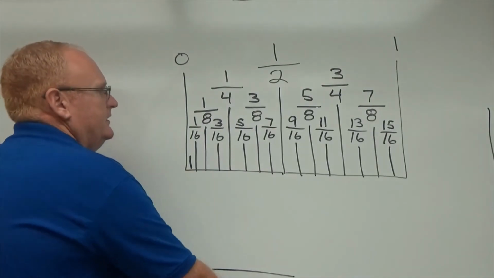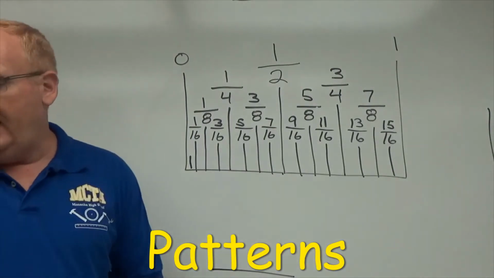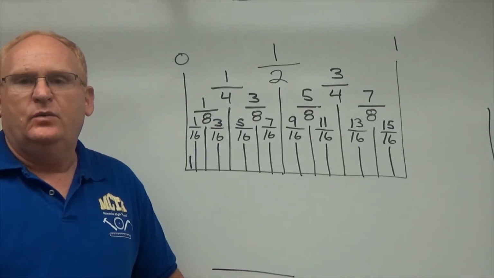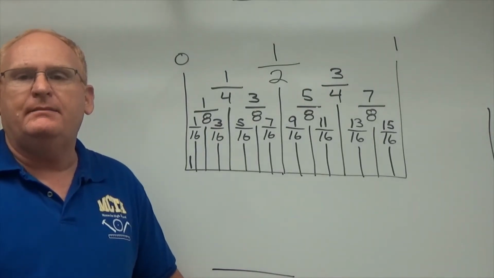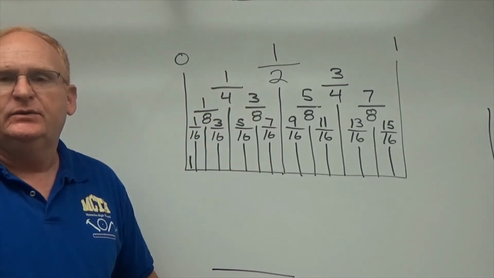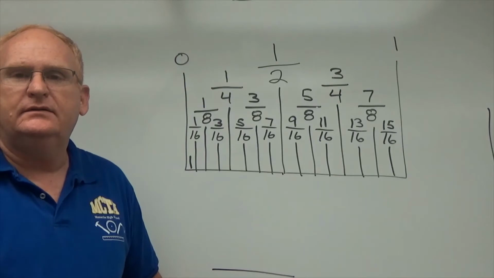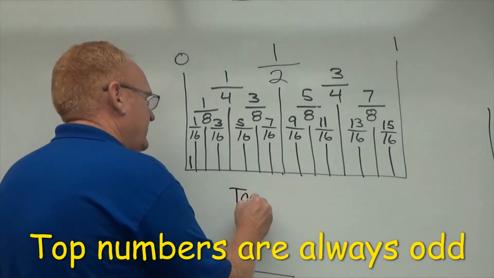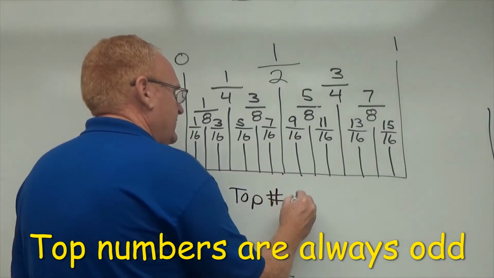Now, let's look at this and let's see some patterns here, okay? What do you notice about all the top numbers on these fractions? They're all odd. So the top number is odd.